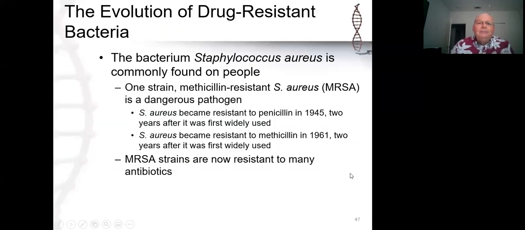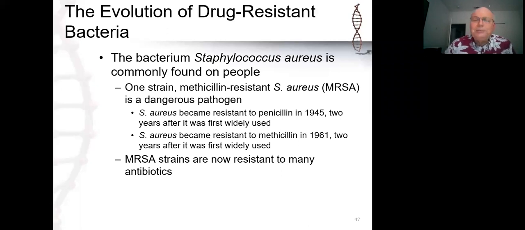Then we know that one of the big issues with antibiotics and bacteria is that bacteria are becoming more resistant to antibiotics. One of the big ones of huge significance is MRSA, methicillin-resistant Staphylococcus aureus.